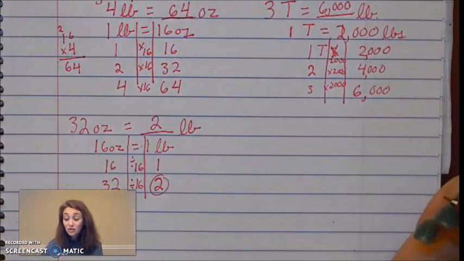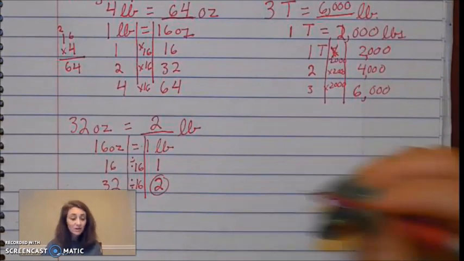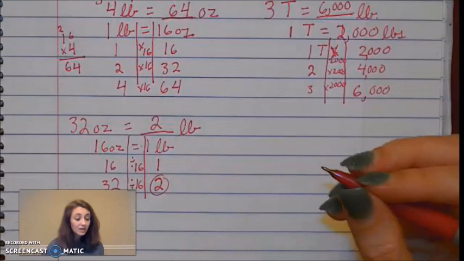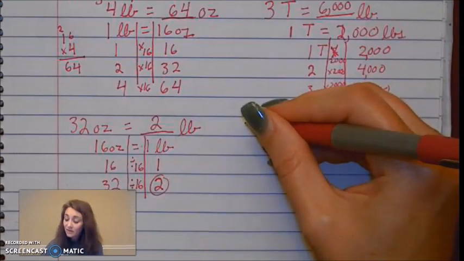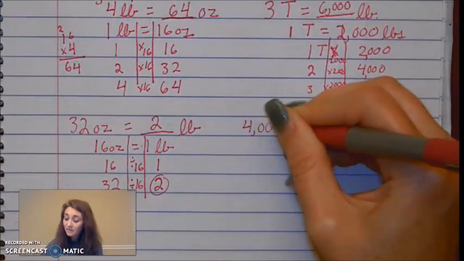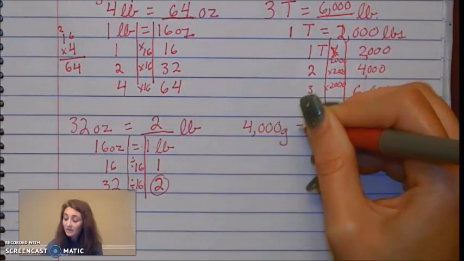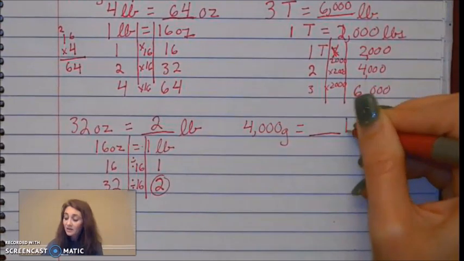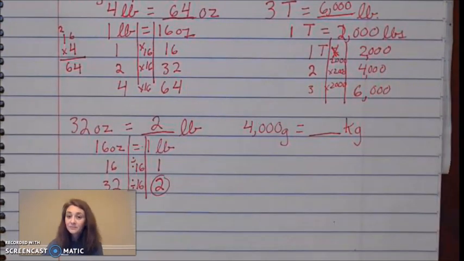Now we'll do a metric because it's the same thing for metric as it is for the customary. We'll go from 4,000 grams equals how many kilograms?